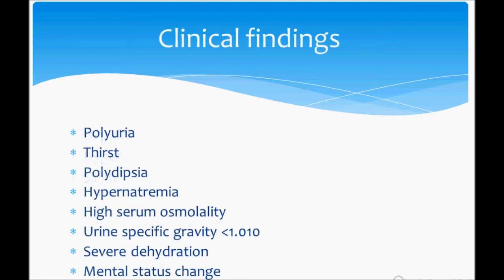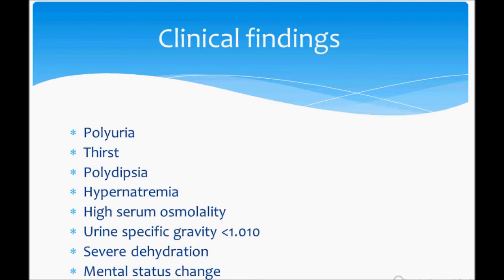Okay, clinical findings. The patient will have polyuria, thirst, polydipsia, because he is losing water because of lack of ADH, either due to a central or the renal cause. There is polyuria, thirst, polydipsia, hypernatremia. This is very important.